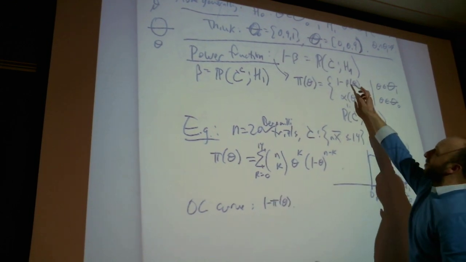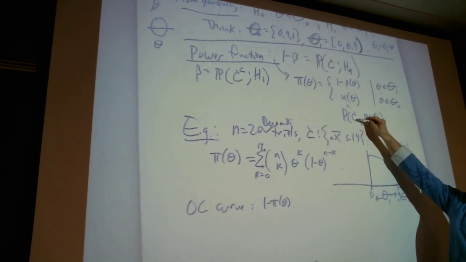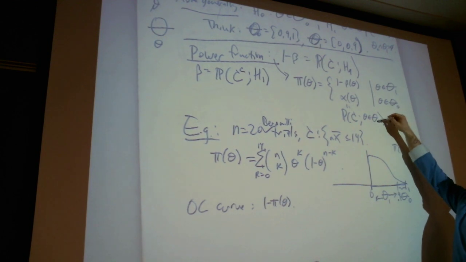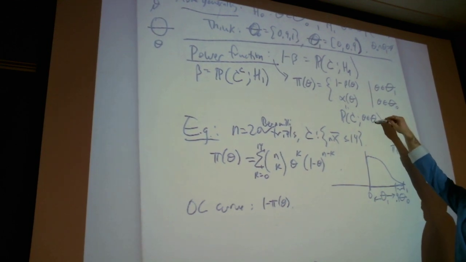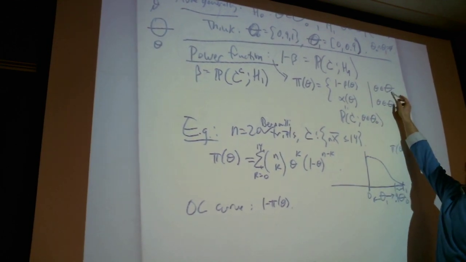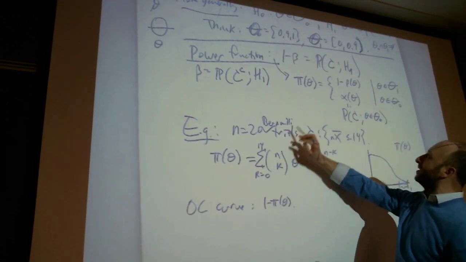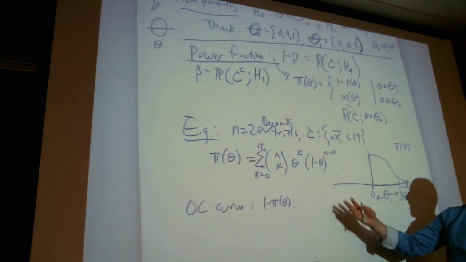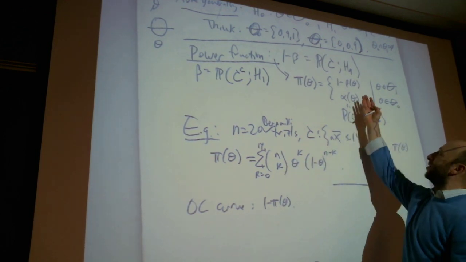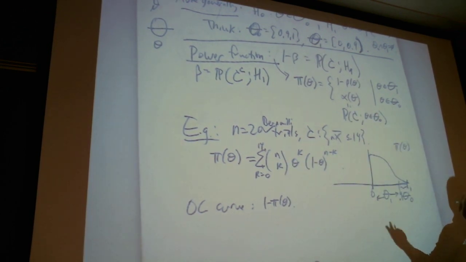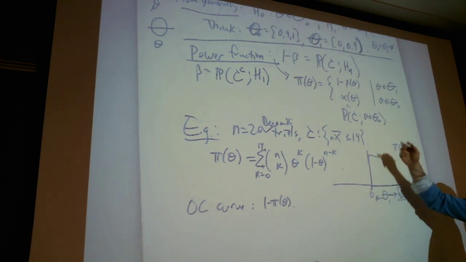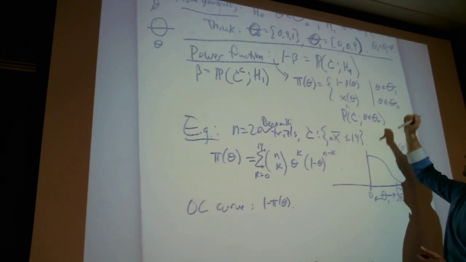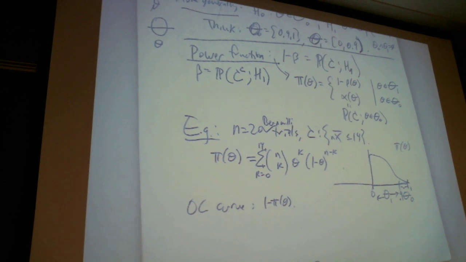In both cases, it's measuring the probability of the critical region. So all that changes is the values of theta that are in the null hypothesis or in the alternative hypothesis. The function in both cases is the probability of the same region, the critical region. So that's why it's the same function, whether you're here or here, just the interpretation of what the function means changes when you switch from a parameter in the alternative hypothesis to being in the null hypothesis.